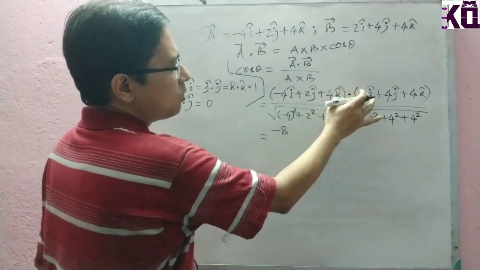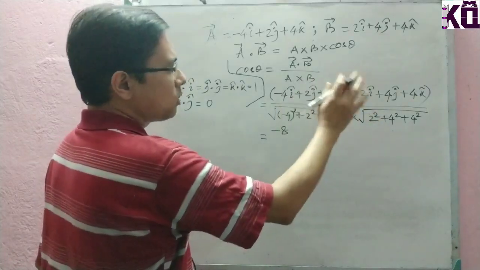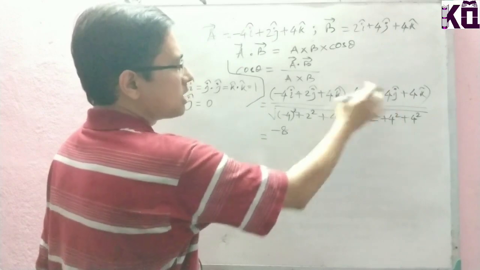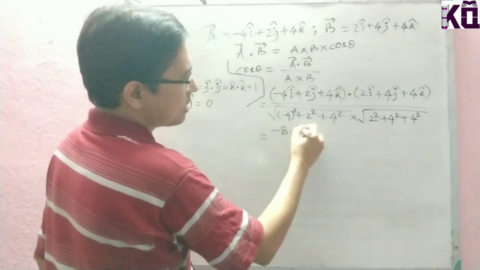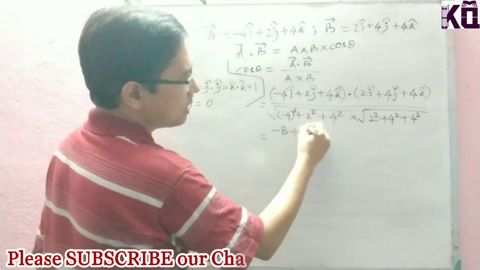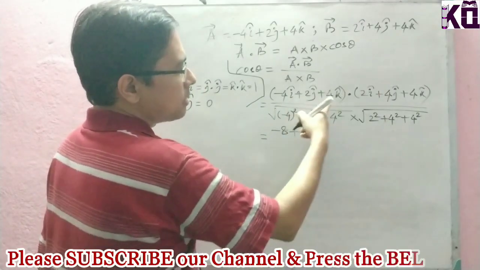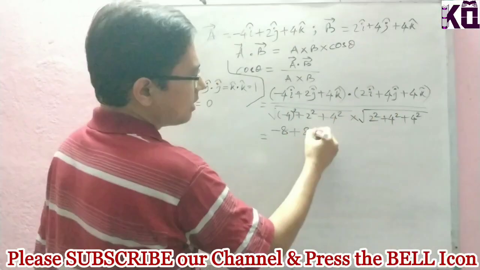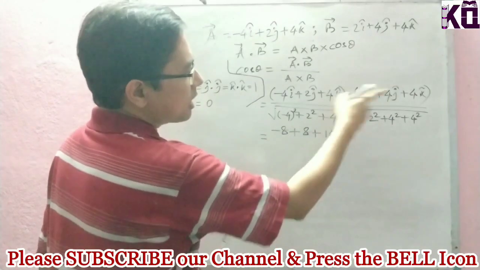Now there is the 2i and 2j, 0. There is only 4j and 2j, that is plus 8 j dot j, that is 8 only, because j dot j is 1. Similarly 4 into 4 is 16, k dot k is 1.